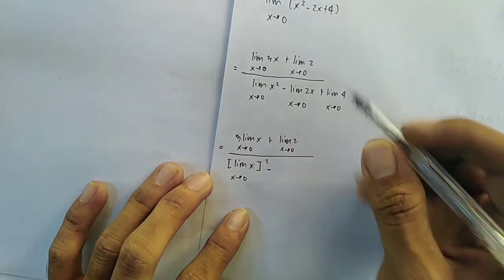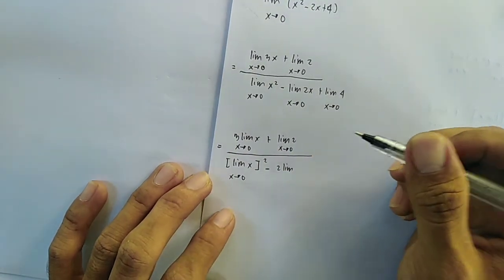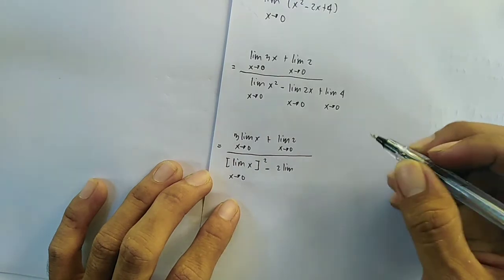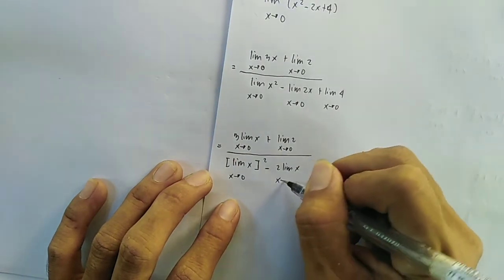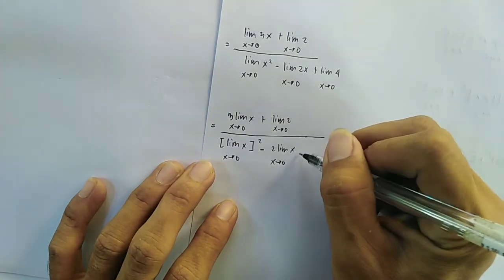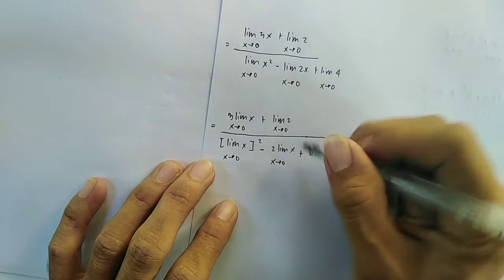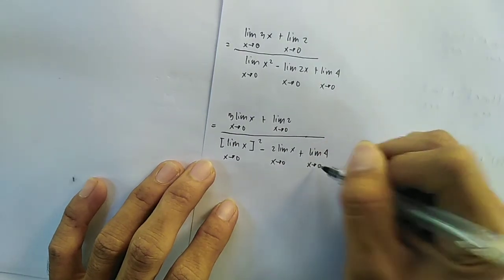Minus, we have 2x here, so we have to move the constant 2 before the limit notation, as x approaches 0. Now we have plus, and since this is the simplest way of writing the limit of a constant, we have the limit of 4.